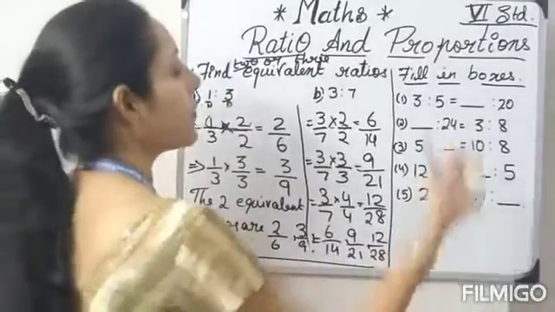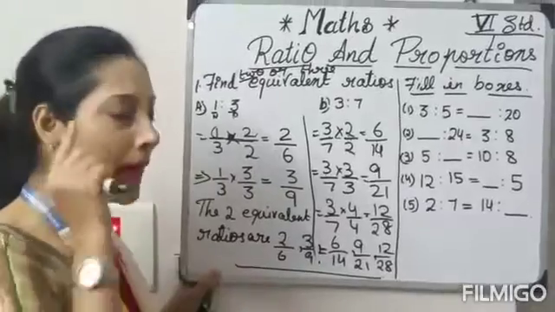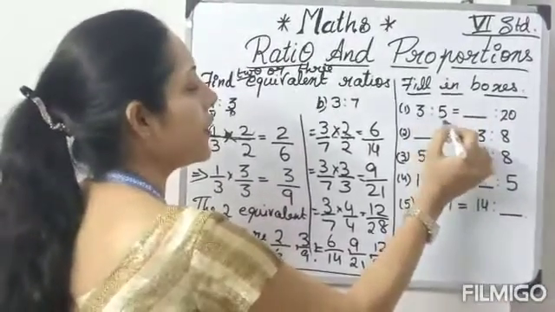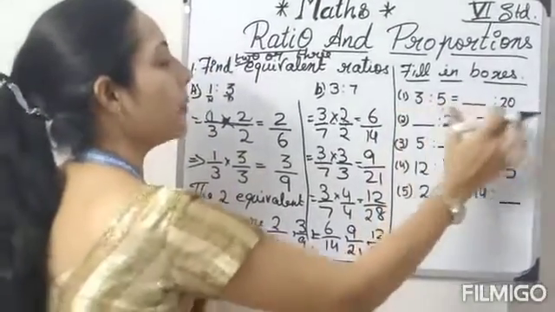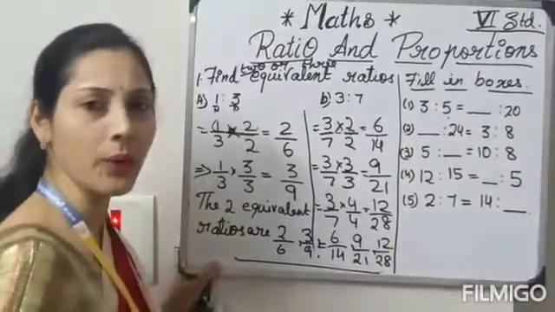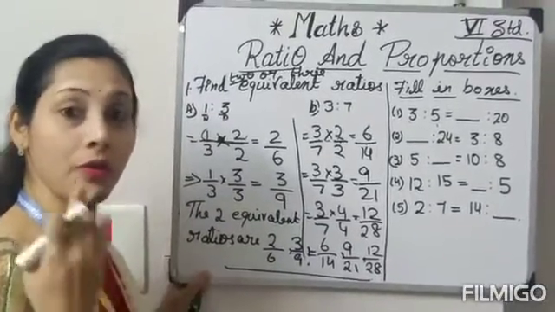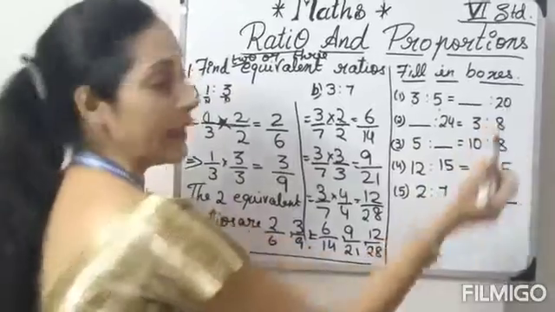Next, fill-ups. These are also very easy, but you have to sharpen your mind a little bit. See, 3:5 is equal to dash:20. In 5 table, when 20 goes, count it up fast. 5 ones are 5, 5 twos are 10, 5 threes are 15, 5 fours are 20.